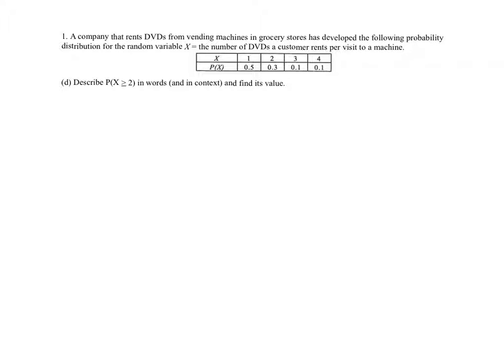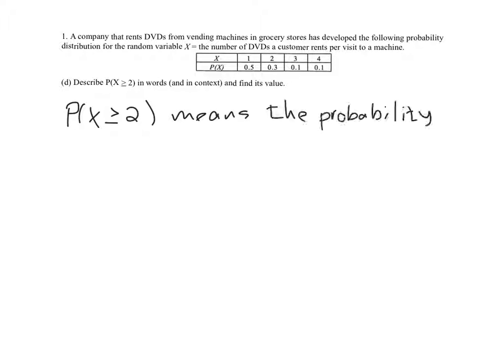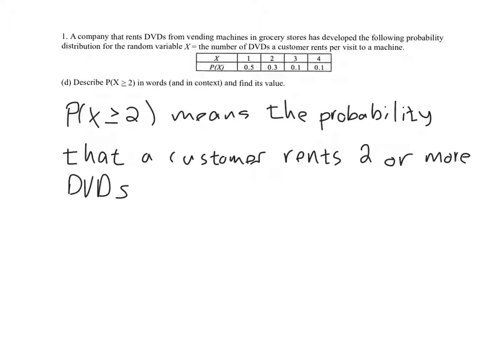Next, we are asked to describe p x greater than or equal to 2 in words and in context and find its value. So this means the probability that a customer rents 2 or more DVDs on their visit to the machine.